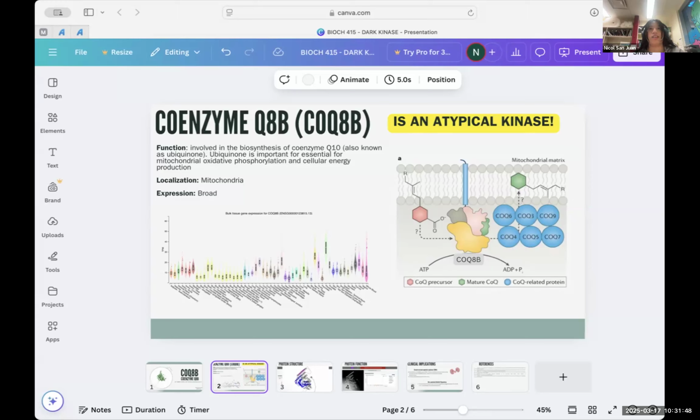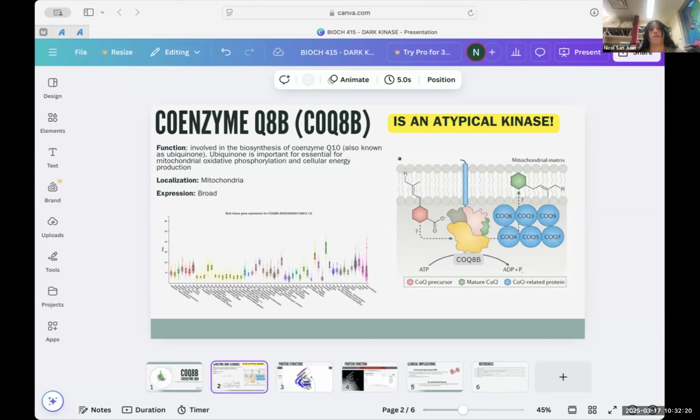COQ8B is a mitochondrial protein, and it's expressed in a wide range of tissues, shown here. But it is an atypical kinase. While it was initially proposed to be a protein kinase, coenzyme Q8B is part of the protein kinase-like family because it contains a conserved protein kinase domain, but it doesn't perform the typical mechanism by which protein kinases transfer a phosphate group from ATP to a substrate protein.